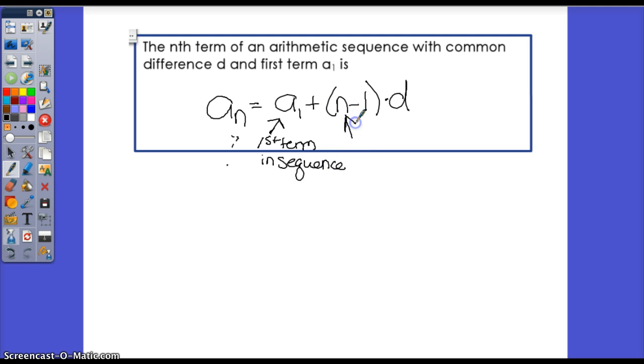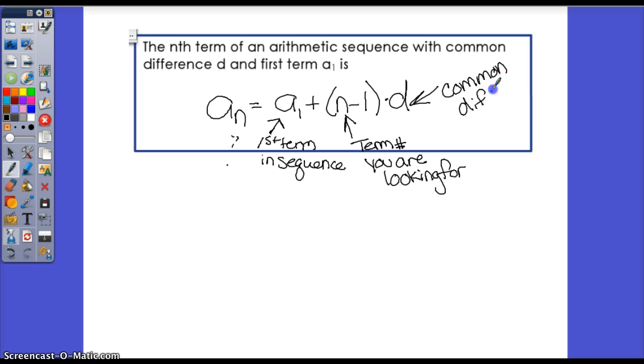N is the term number you are looking for. And d is your common difference. Remember, it can be positive or negative based off if you are adding or subtracting.